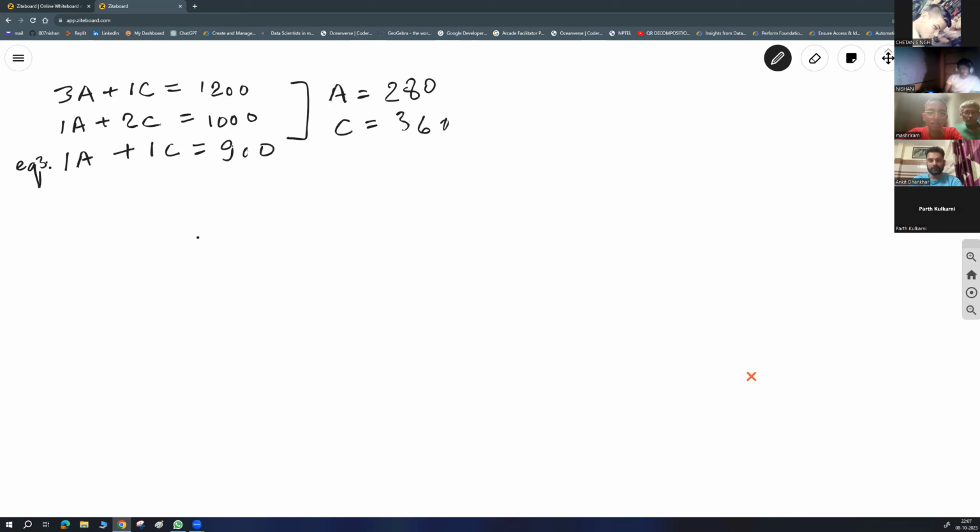The question you are meaning to say is, if on plugging A as 280 and C as 360, we get the point which is nearest to all three equations. Are you saying that? Yeah. Yep. But I don't think so, because 1A plus 1C equal to 900 will be farther away from that one. But if we take the average, it will be near to all, right?